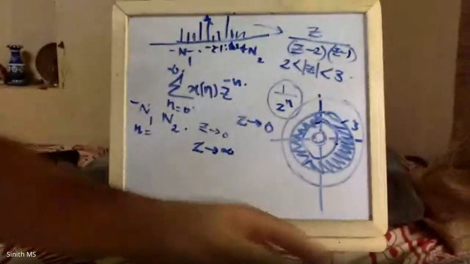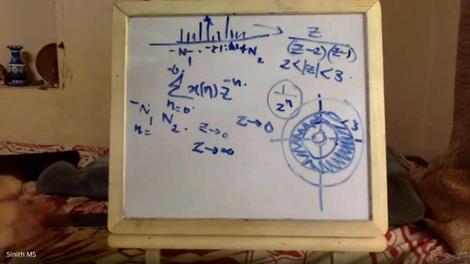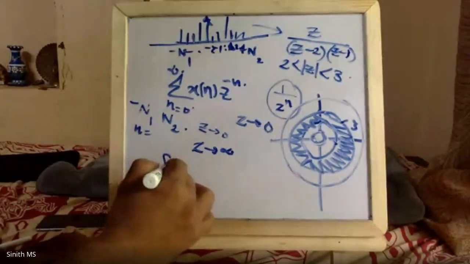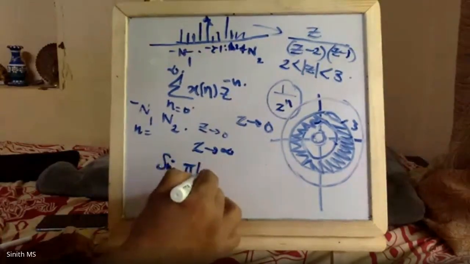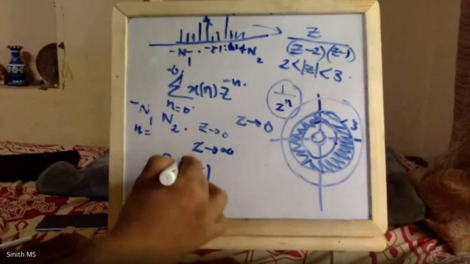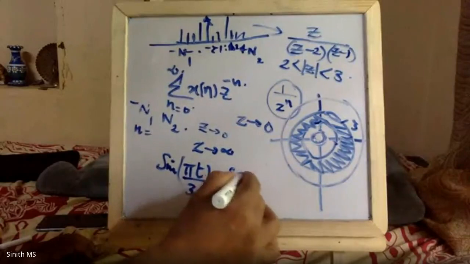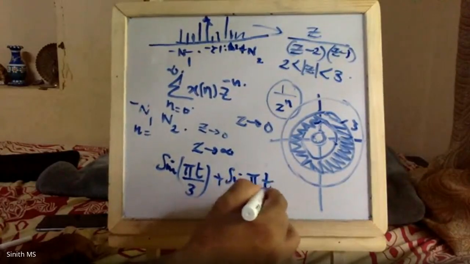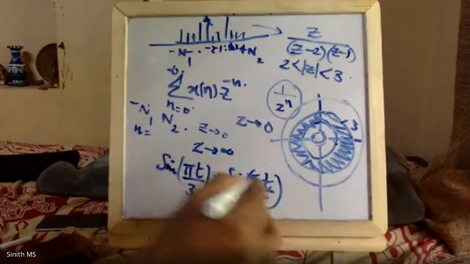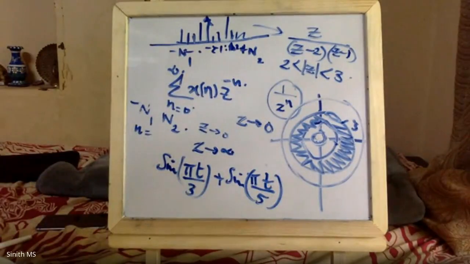So now can you tell whether a signal represented like this, sine pi t by 3 plus sine pi t by 5, is it periodic or aperiodic?